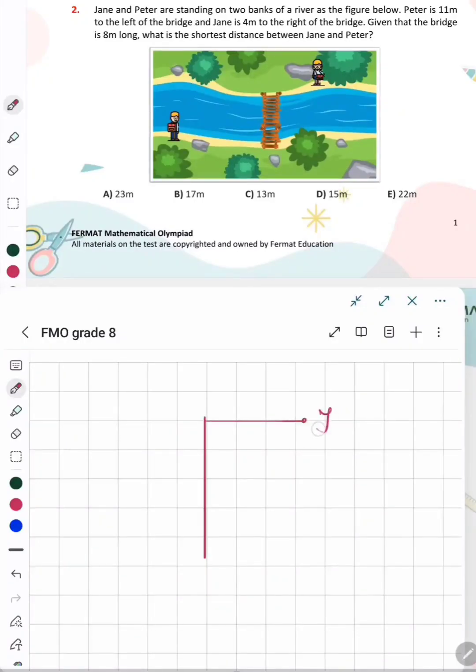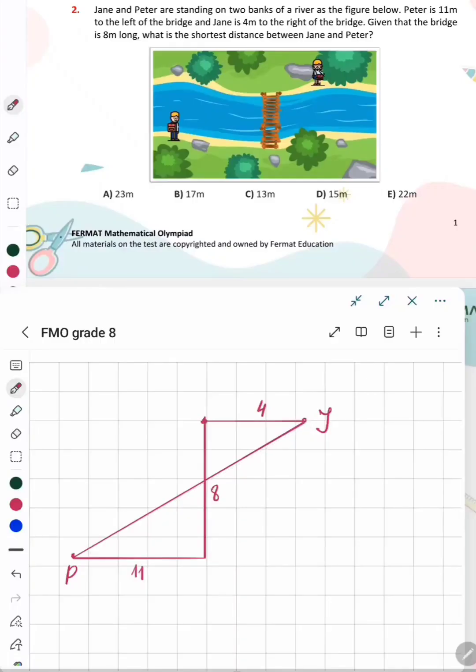Let's call it point J. It's 4 meters far from the bridge, and Peter is 11 meters away from the bridge. P is 11 meters away. And it's given that the length of the bridge is 8 meters. We have to find the shortest distance from P to J.